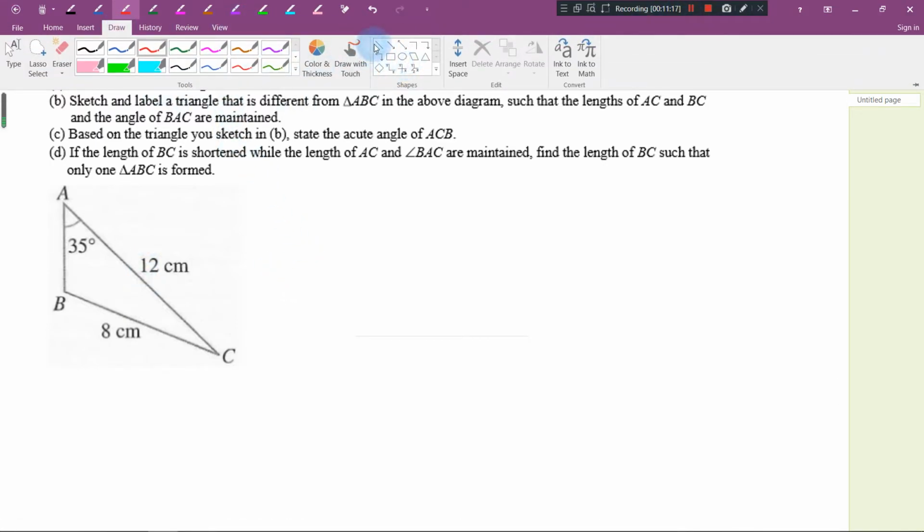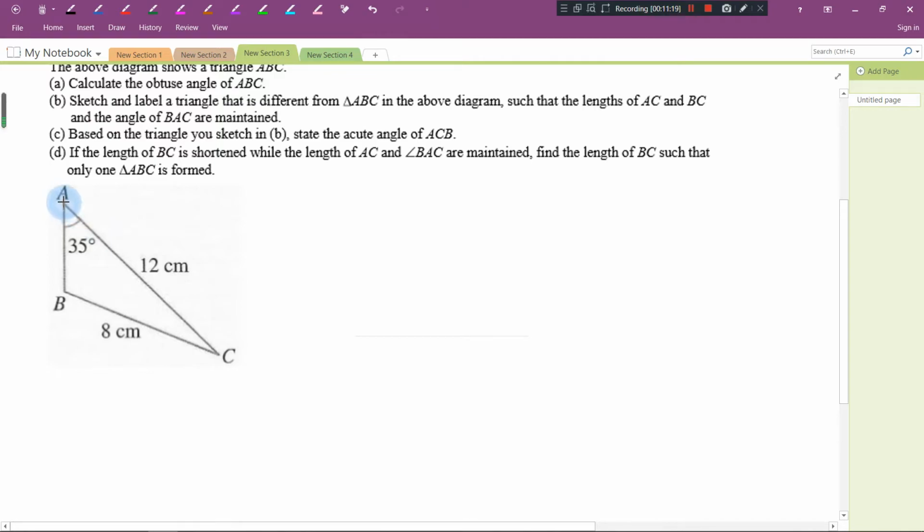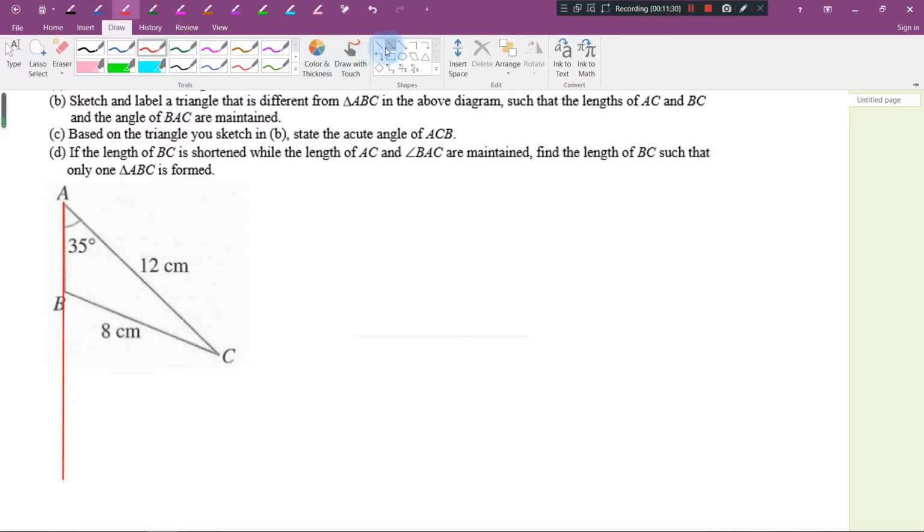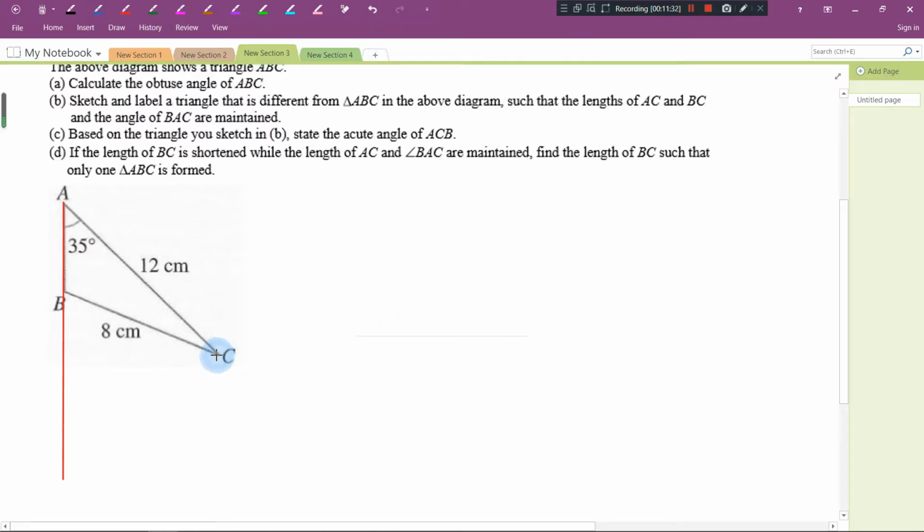I can actually extend this line. So the other triangle will be actually here. This is 8 centimeters, right? So you can go over here. Okay, so this is another triangle that we can draw.